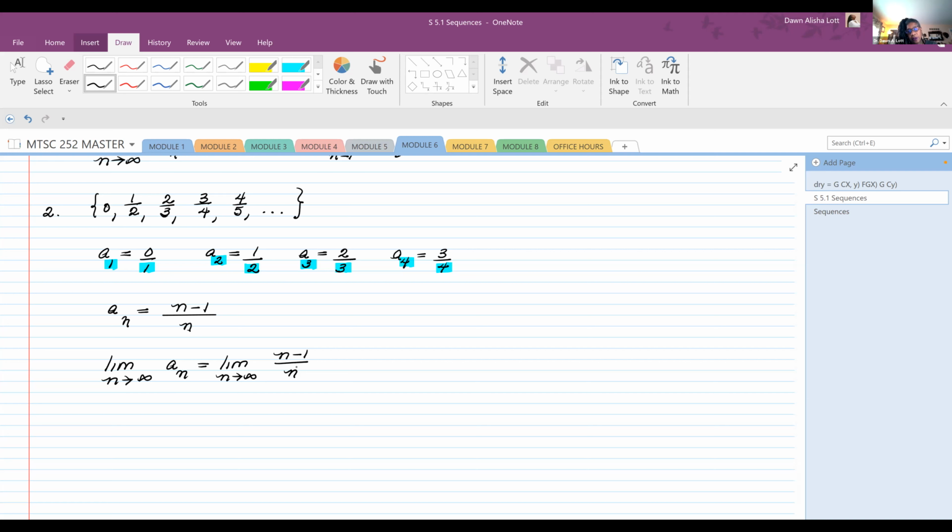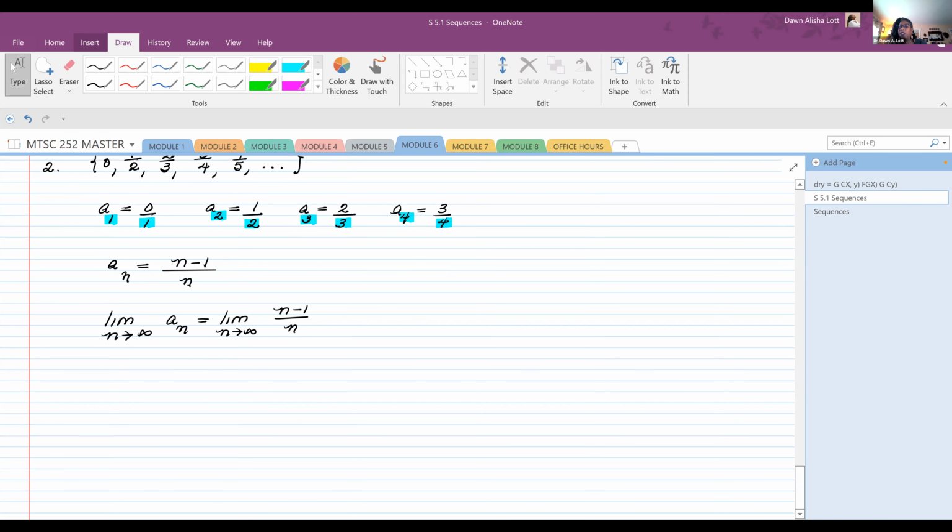You can split the fraction, or you can divide everything by the highest power of N. So there are 3 different ways to do this limit. Whichever way works for you is fine. The easiest way is to just write this as the limit as N approaches infinity of 1 minus 1 over N. So just split it. We know 1 over N goes to 0. So this limit is 1.